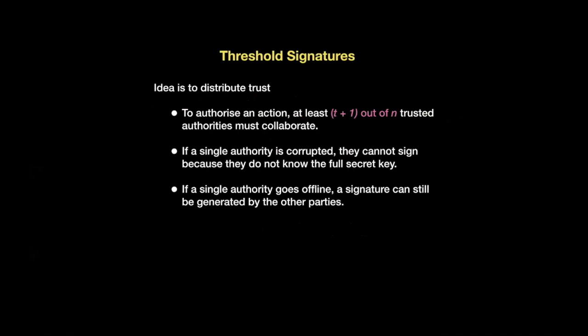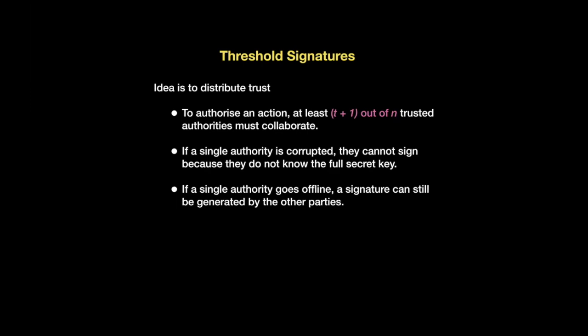So for those of you who don't know what a threshold signature is and what it's supposed to do, it's to distribute trust. Typically, if you want to have a signature, you have a public key, you also know your own secret key, and you're able to use your secret key to sign anything that you want to, but you are the only person that can do that.